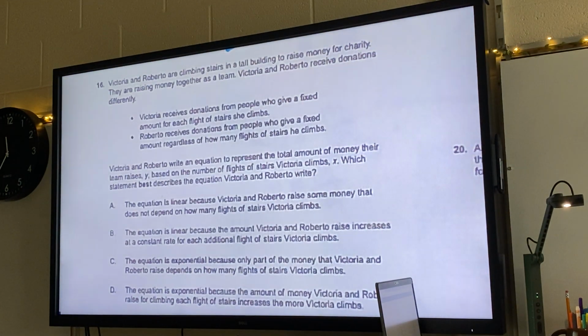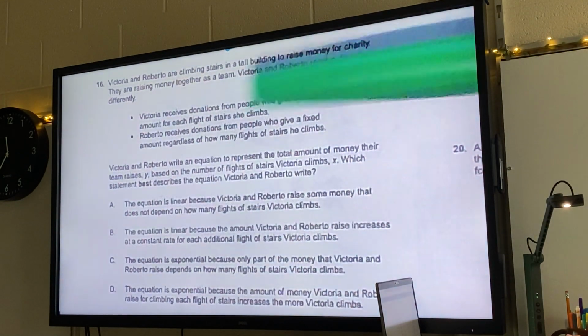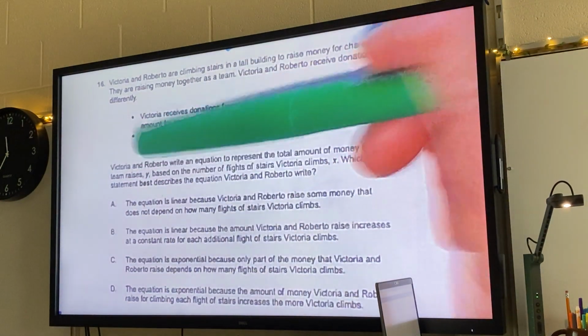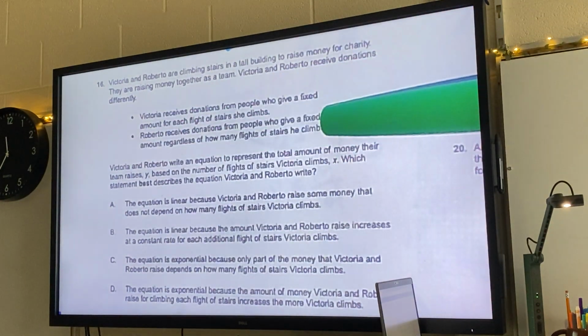Let's say it's $20 just for fun. So one flight, $20. Two flights, $40. Three flights, $60. Now, Roberto was a little smarter about this deal. He receives donations from people who give a fixed amount regardless of how many flights of stairs he climbs.